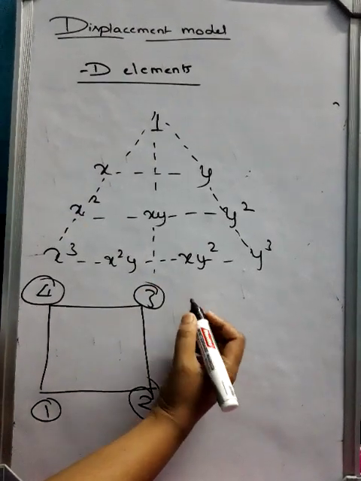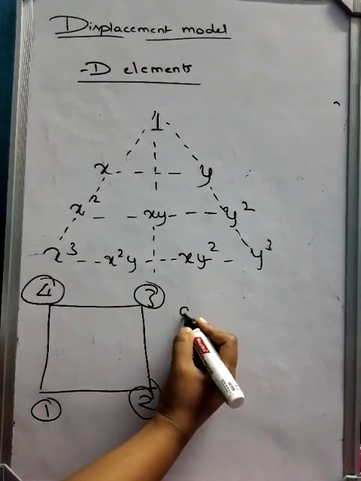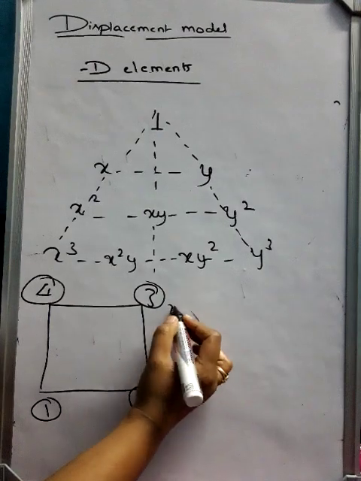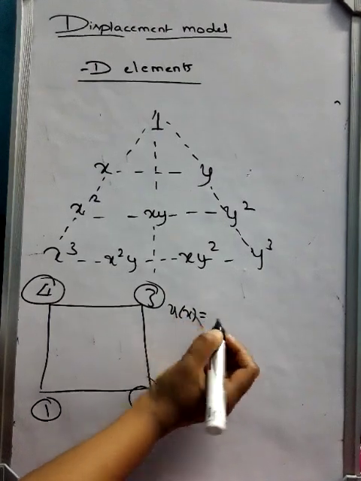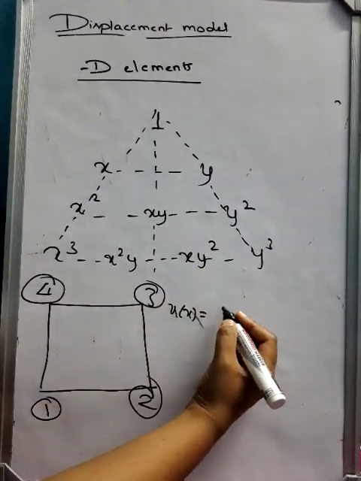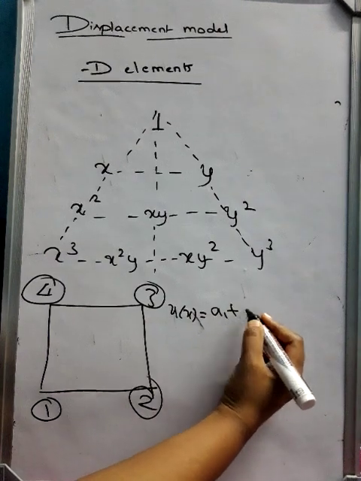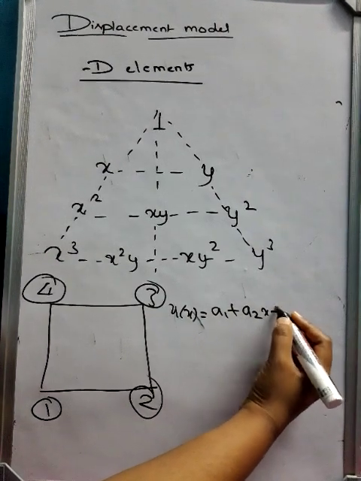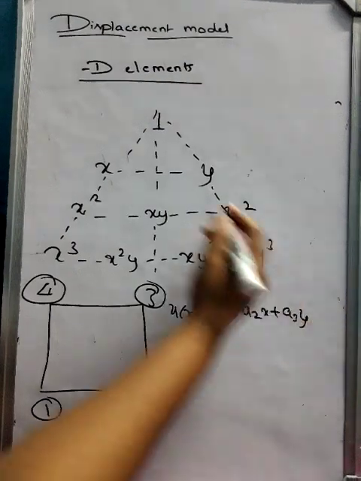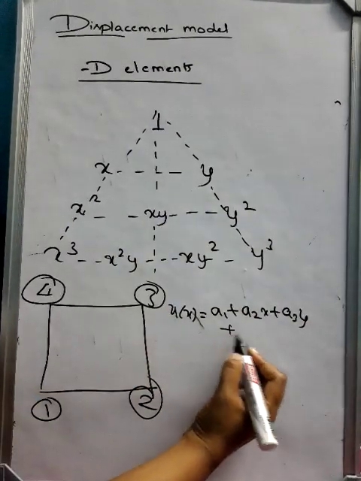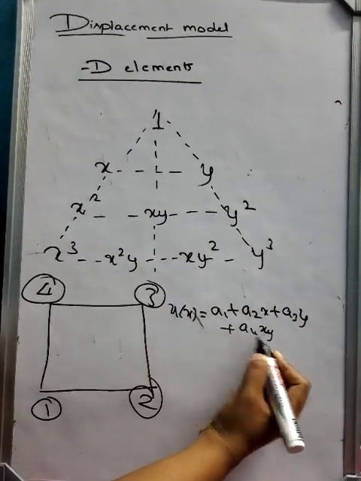That means you will be getting u of x is equal to a1 plus a2 into x plus a3 into y, plus a4 into xy.